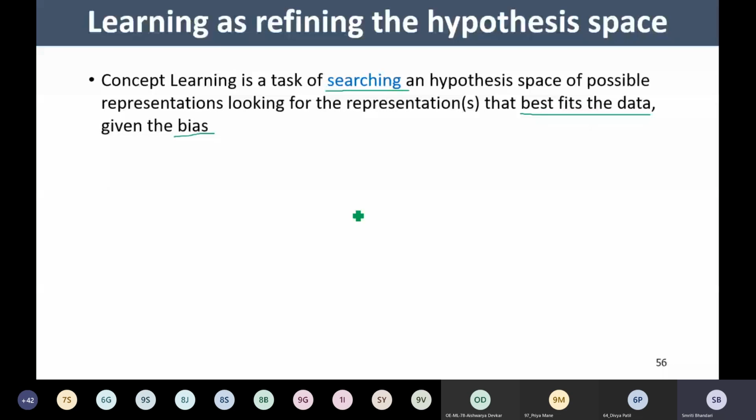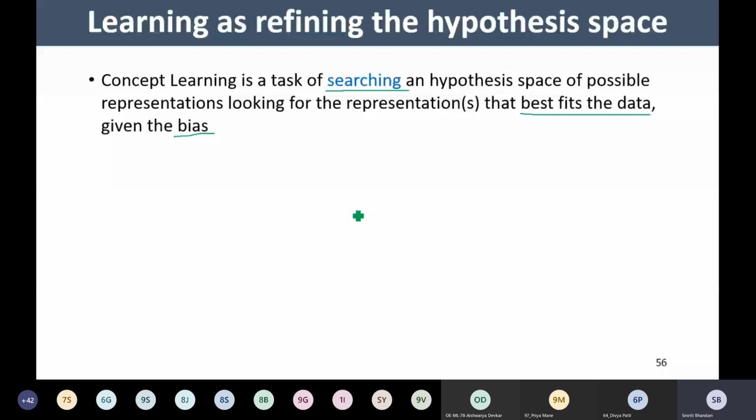We have a huge hypothesis space usually, so we impose some biases with some assumptions, and then learning becomes simply the task of searching a hypothesis space for a best fit.